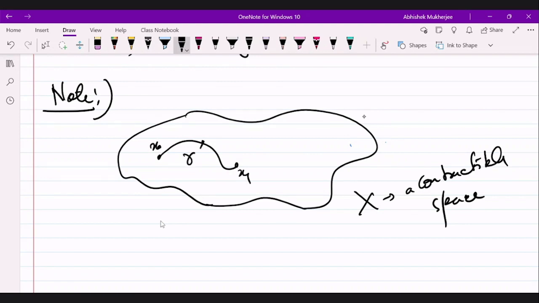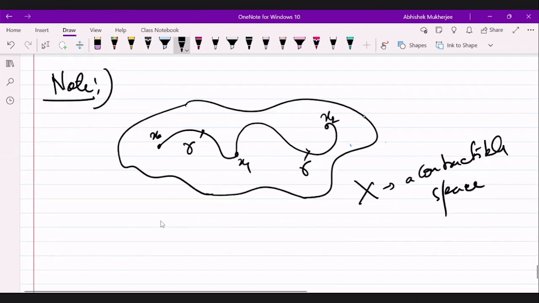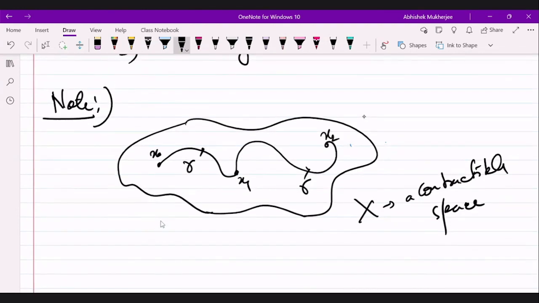Let us call it gamma, and another path from x1 to x2. Let us call it sigma. Okay. Then what can be said here?